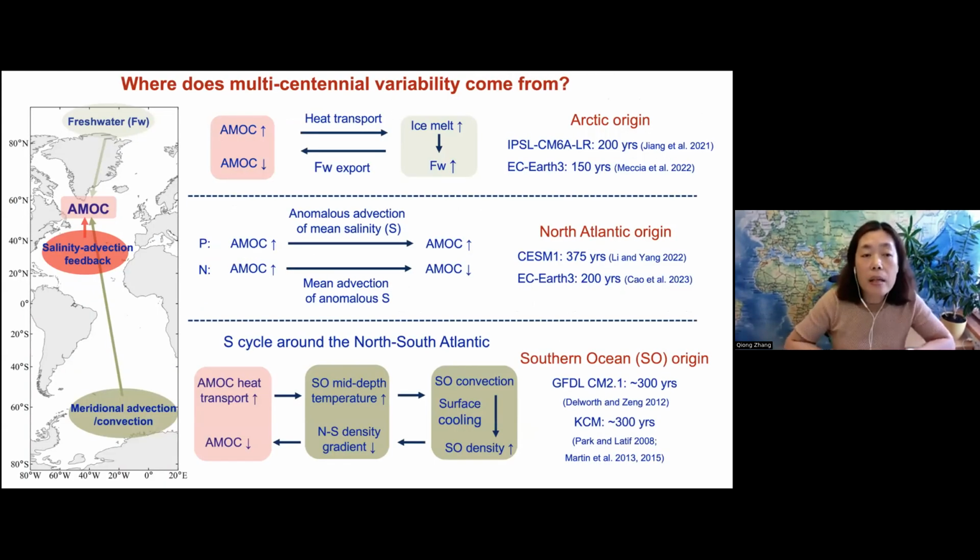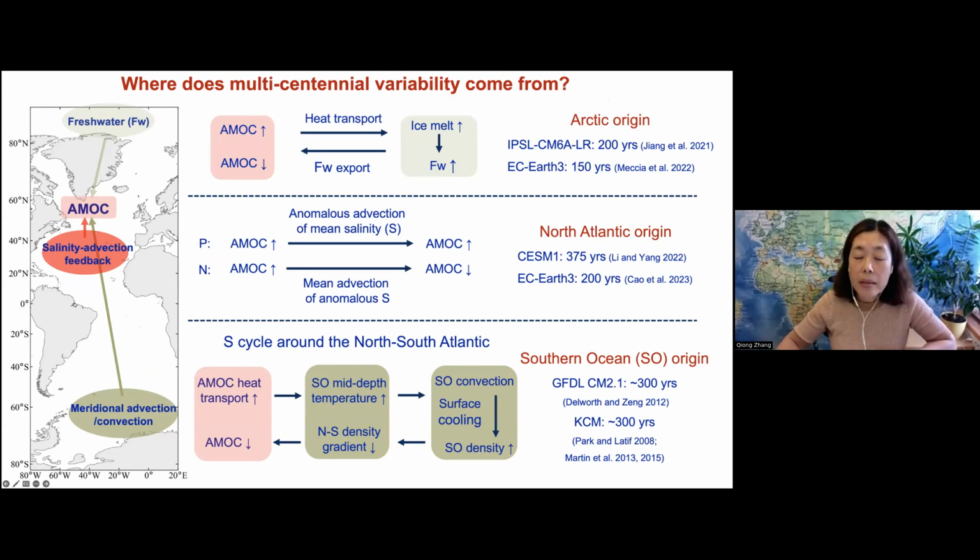Because for this mechanism, where does this multi-centennial variability come from? If we look into the literature, there are already some studies. If we classify all these opinions, we can see that there are three different proposals. The earlier one proposed that it comes from the Southern Ocean. So it's a Southern Ocean origin.